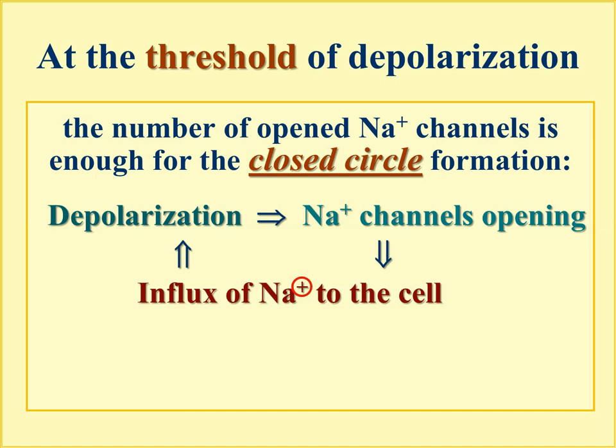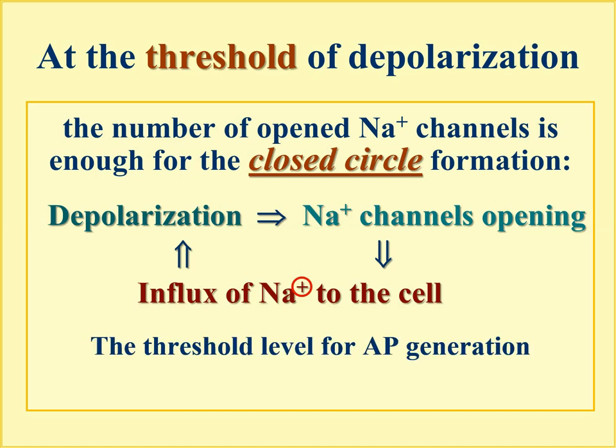Just through open channels, sodium comes into the cell and creates depolarization. And when it exceeds the initial one, then all the rest of the channels will be immediately open, and this is considered to be the level of the threshold. This level is about minus 45, plus or minus a little bit, from minus 40 to minus 50.